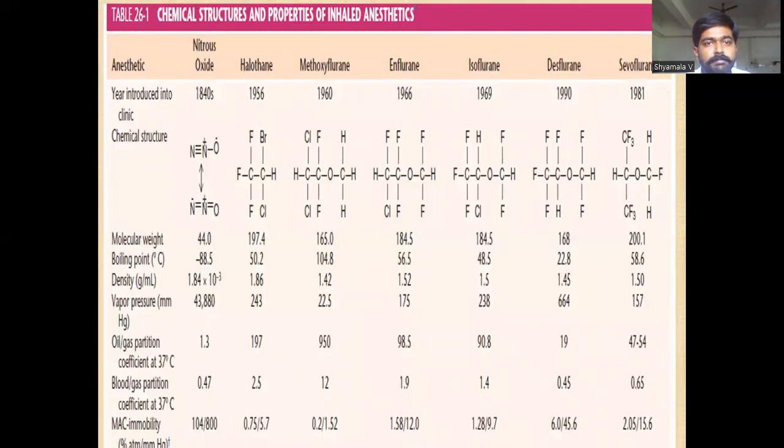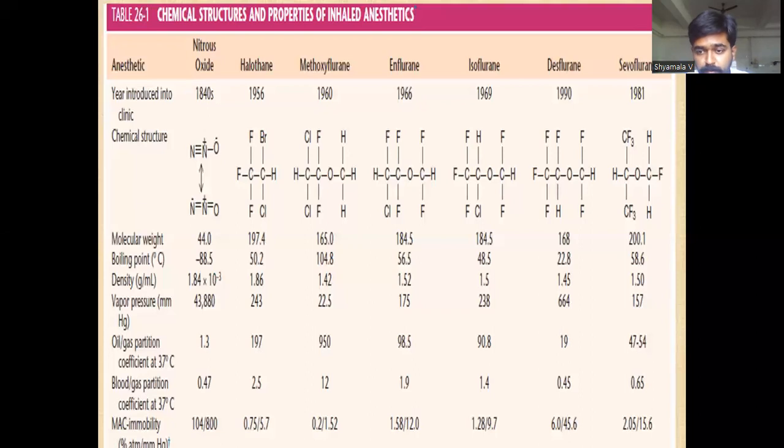So this is the chemical structure and properties of the inhaled anesthetics: nitrous oxide, halothane, methoxyflurane, enflurane, isoflurane, desflurane, and sevoflurane. As I told, each has its own molecular weight, boiling point, vapor pressure, and MAC value.